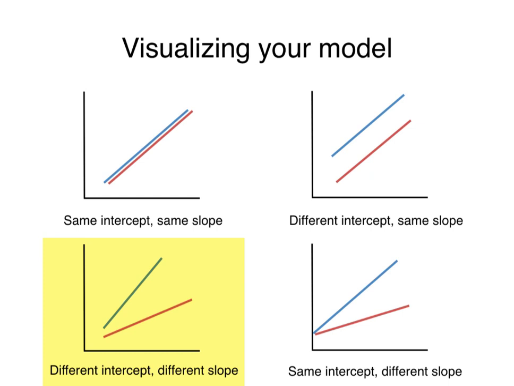And it can also be stated that the effect of maternal smoking is modified by gestational age, or in statistical terms, that the variables gestational age and smoking interact with one another. On the bottom right is a model where the 2 regression lines have the same intercept, but different slopes. And this is a special case, which we aren't going to cover in this course.